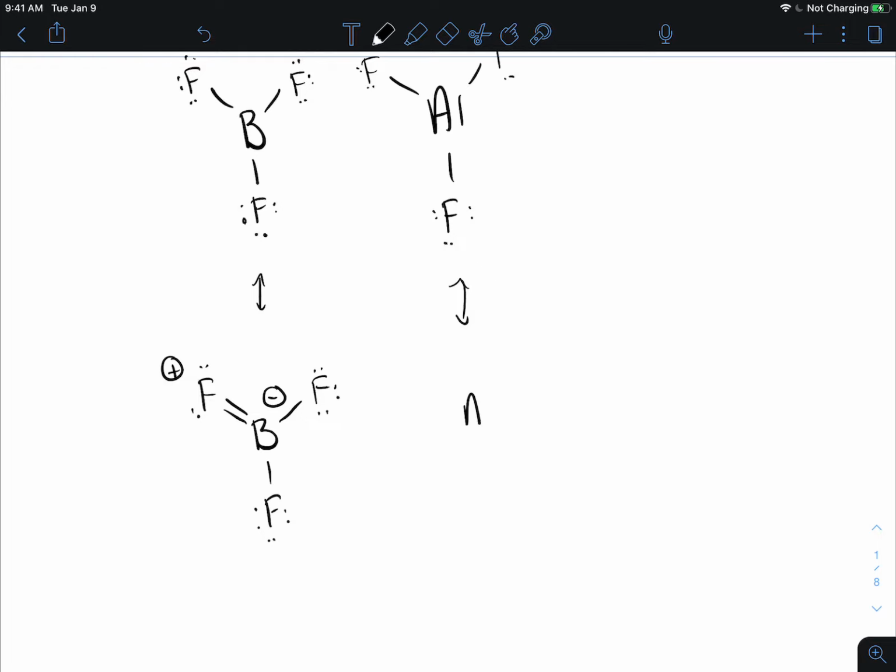So these are fairly metallic in nature, aluminum and boron, so they are not going to produce structures like this. So these are unstable.